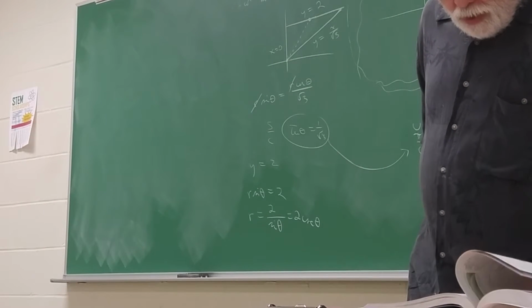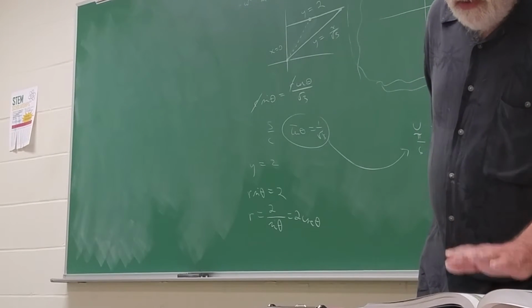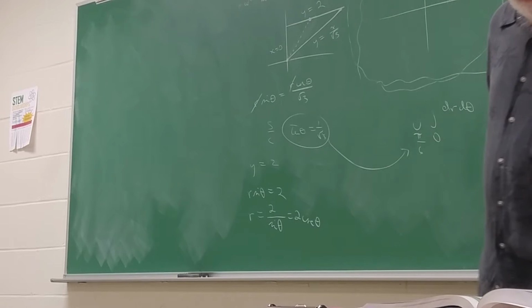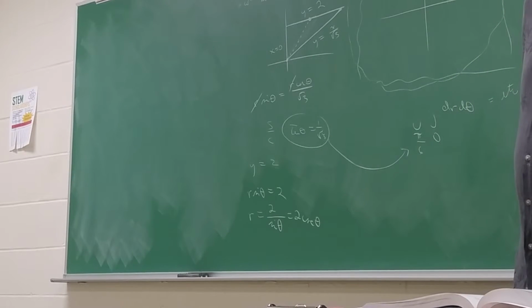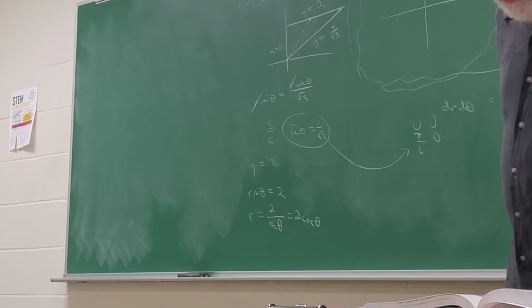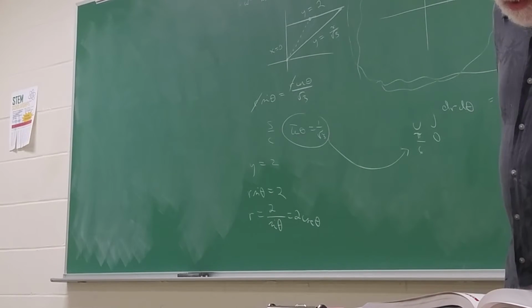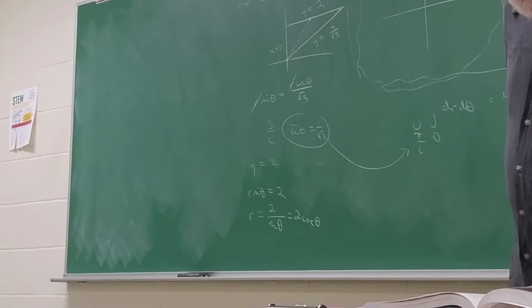So 12.5, arc length and curvature, you just do the arc length part. 12.4, tangent vectors. To do the tangent vectors, you don't really have to worry about the normal vectors. 12.3, velocity and acceleration.